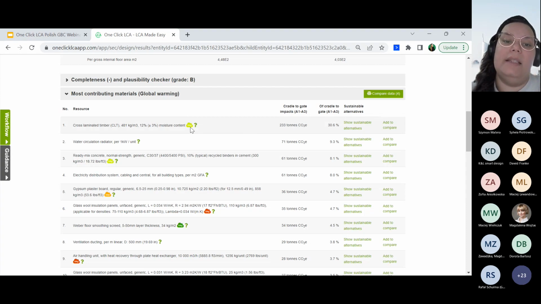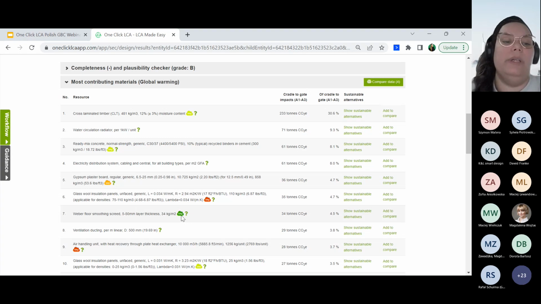And it has this light green cloud here, which means that it is a material with a good kind of emission, but not the best kind of emissions. But this one here, for example, for the floor, has a very green cloud, so it means it is a really good material in terms of emissions.